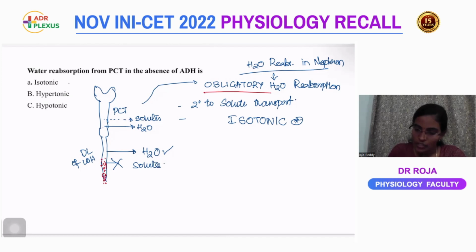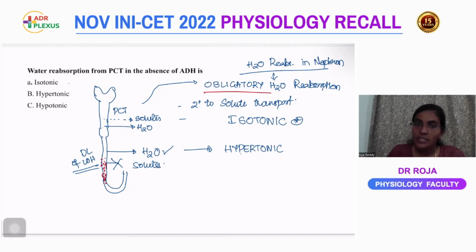Hence, the fluid which is leaving the descending limb of loop of Henle will become hypertonic. Now this hypertonic fluid will turn and then enter into the ascending limb of loop of Henle.